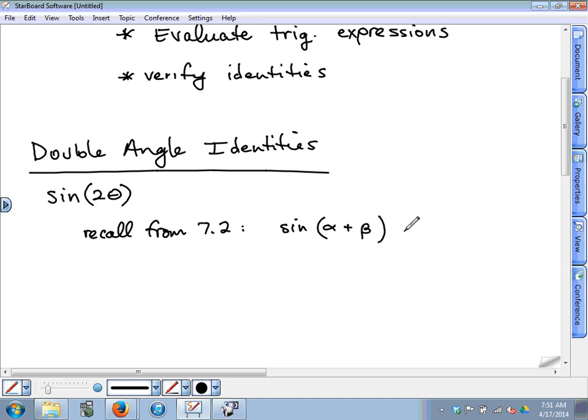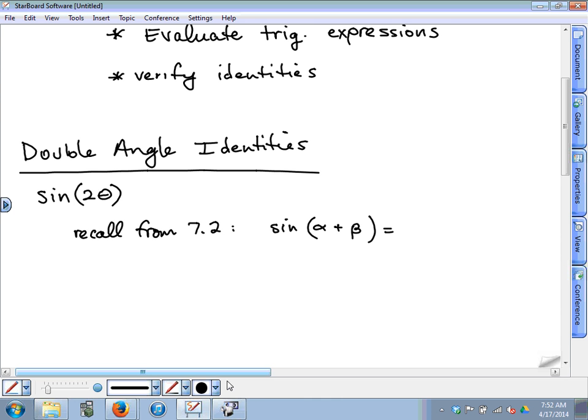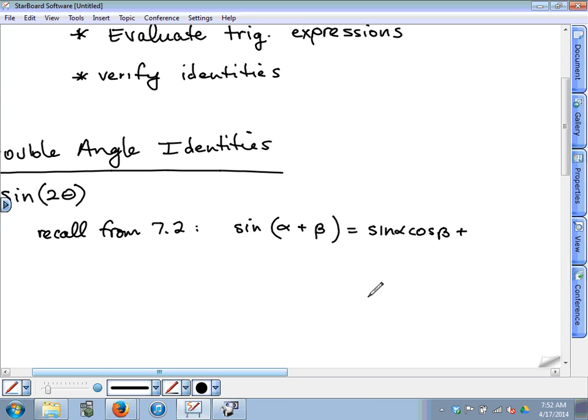What was the identity? What was the pattern? It was sine, cosine, cosine, sine. So it was sine alpha, cosine beta. Now was it plus or minus? Plus cosine alpha, sine beta. Right? That's what we talked about last time.